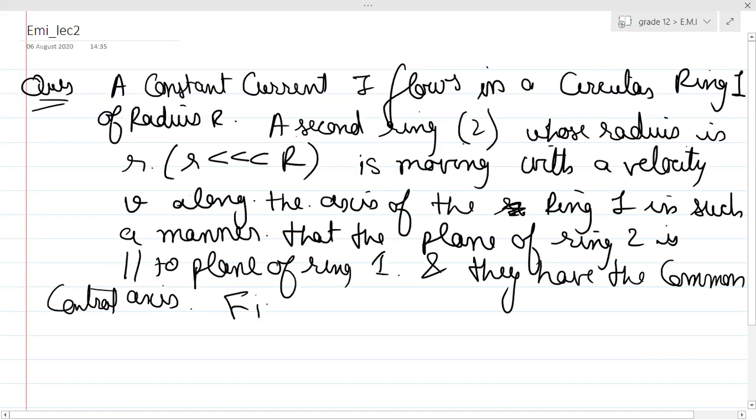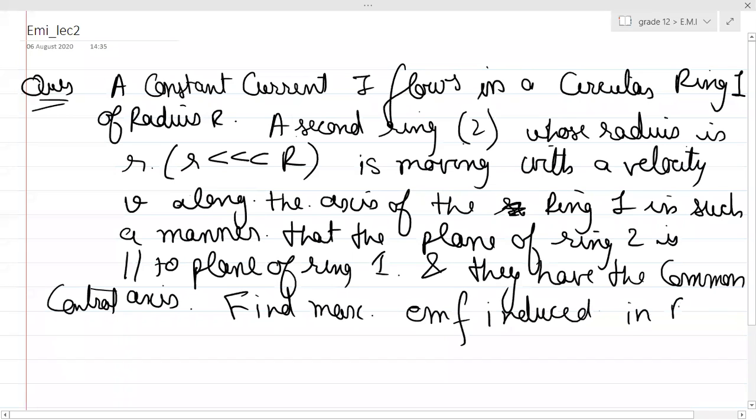Now the question is, find the maximum EMF induced in ring 2.